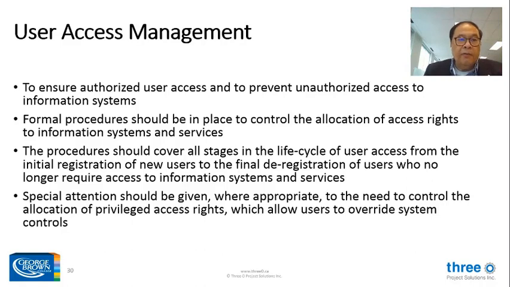As I mentioned earlier, a formal procedure should be in place to control allocation of access rights to information systems, services and resources. The procedure should cover all stages of the life cycle of user access, from initial registration to deregistration, removal, and so on. Special attention should be given where appropriate to the need to control the allocation of privileged access rights, which allow users to override system controls.